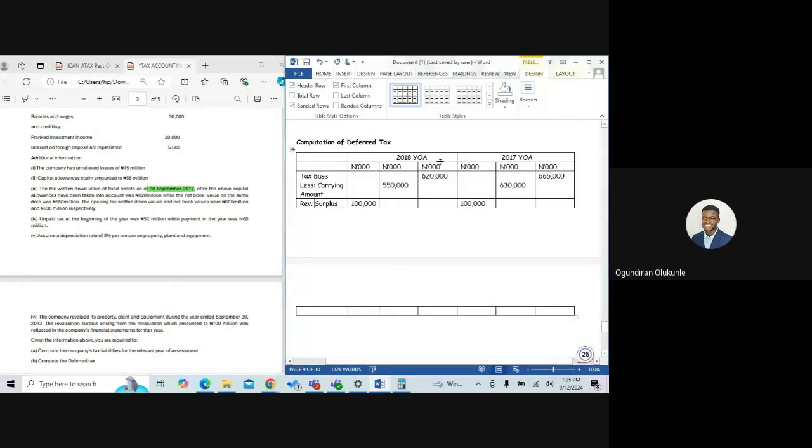So now we have 550 million and 630 million. But we said this carrying amount was including revaluation surplus, and revaluation surplus is not useful in the context of this class. So for that reason, we have to deduct the revaluation surplus from the carrying amount of the asset.